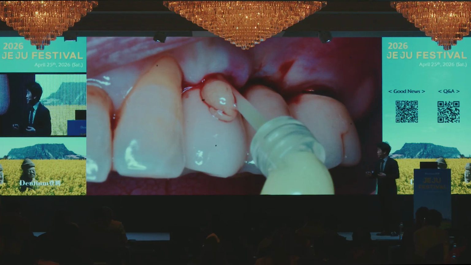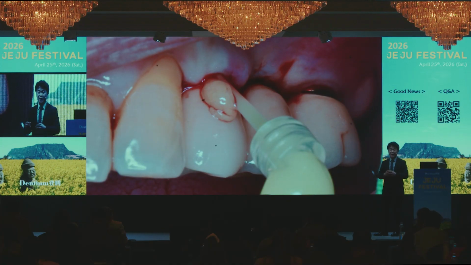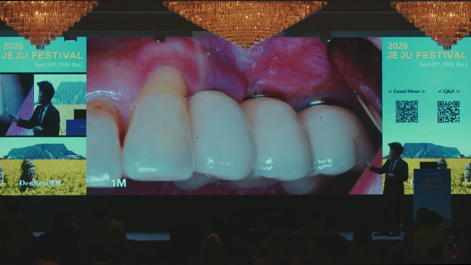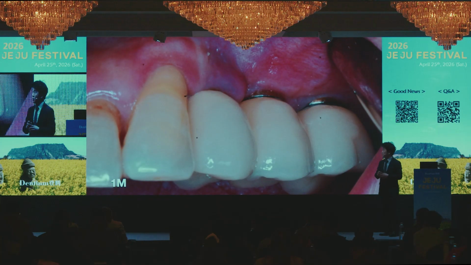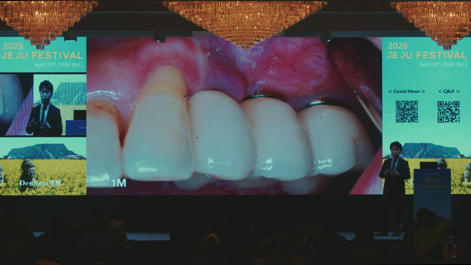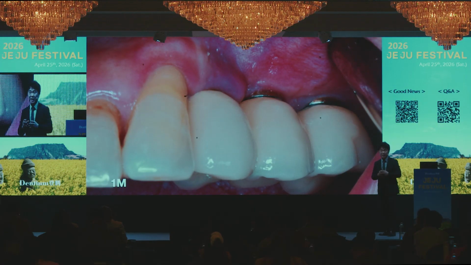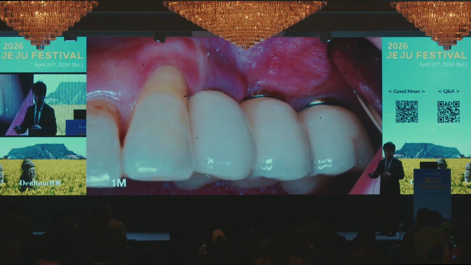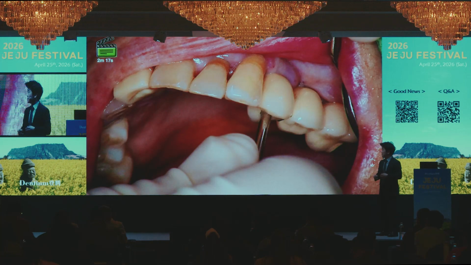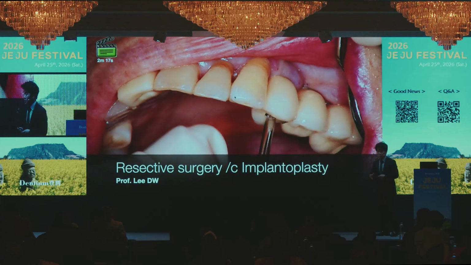At the first visit, I tried to manage with ointment application, and then she came again one month later. The inflammation subsided, but the long pocket depth was maintained. So I recommended the surgery. She accepted my suggestion.